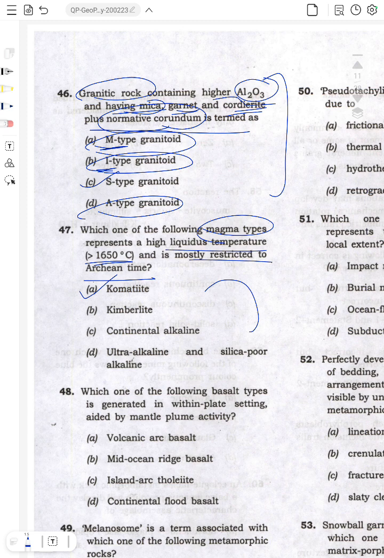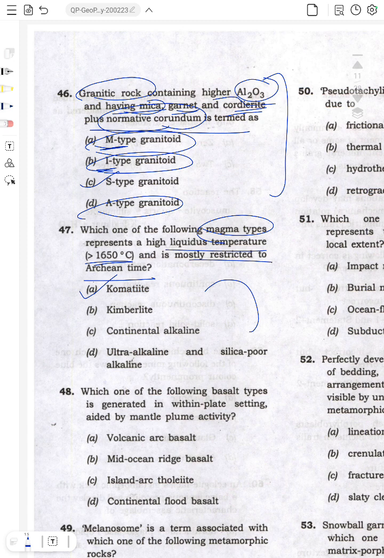It is present in Archean, that is around 2.5 billion years ago, and Archean greenstone belts are associated with that. So it's a primitive mantle melt. Kimberlite is ultramafic rock, but it is high in volatile content, that is CO2 and H2O. And the liquidus temperature is somewhat low, 1200 to 1300 degrees Celsius, and it has an intraplate setting that is cratonic.